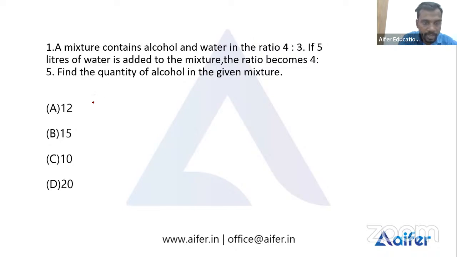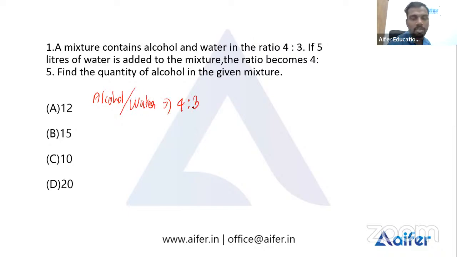The ratio of alcohol to water is 4:3, which means we can write 4:3 as 4/3.